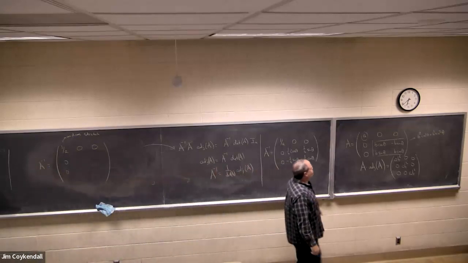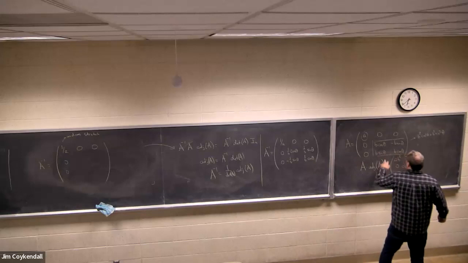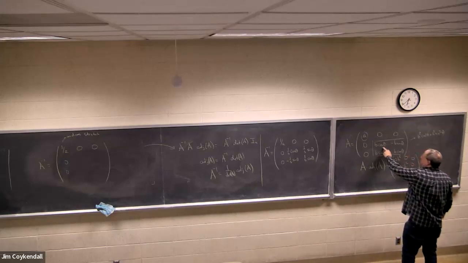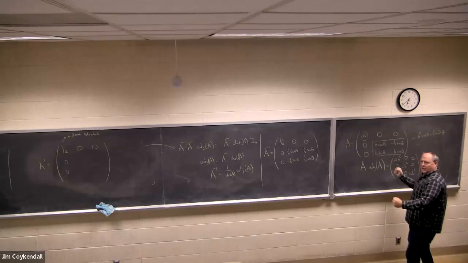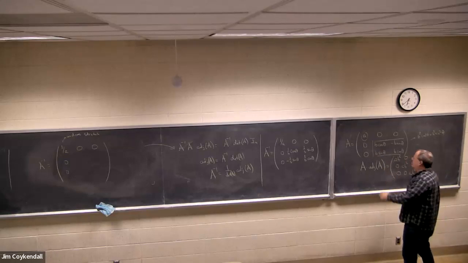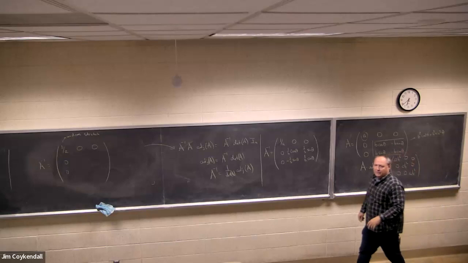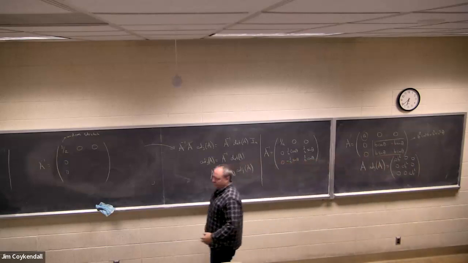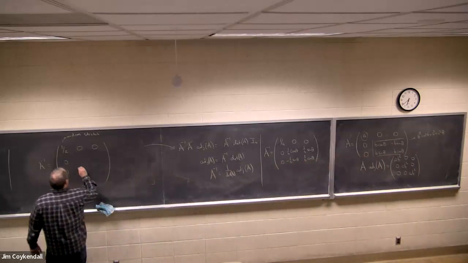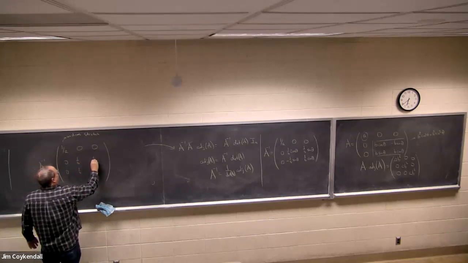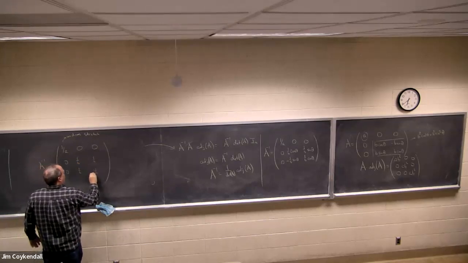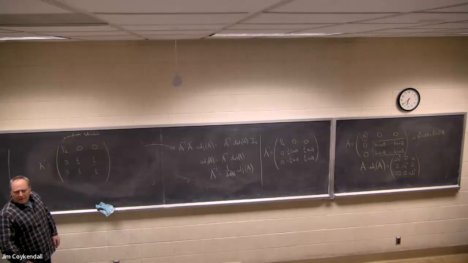Well, this one is stretched by B, then rotated by theta, right? We looked at these kind of rotation matrices earlier. So I want to undo the stretch, and I'm going to undo the rotation.